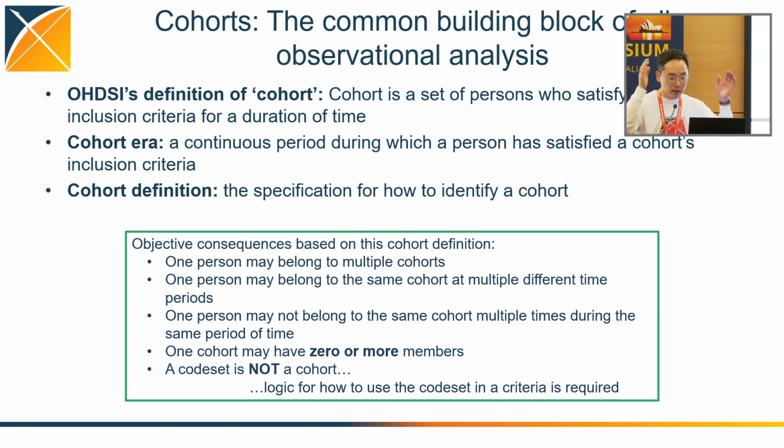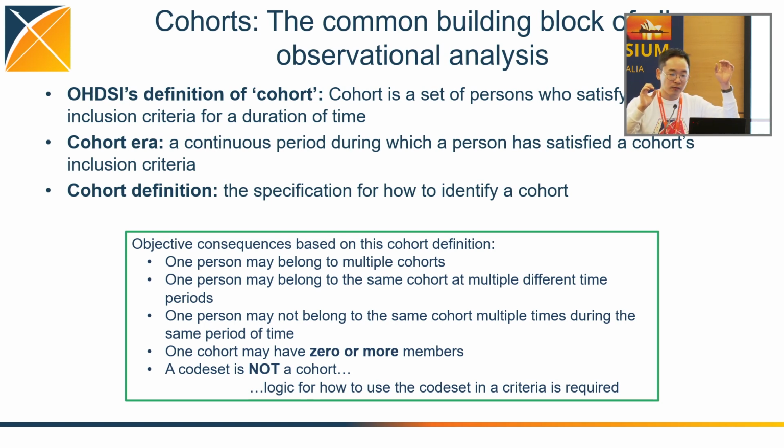So I mean that a person can have an era in the cohort. One person can belong to the cohort from January to February, and the same person can belong to the cohort from March to May. It's possible, but he or she cannot belong to the one cohort during an overlapping time period.